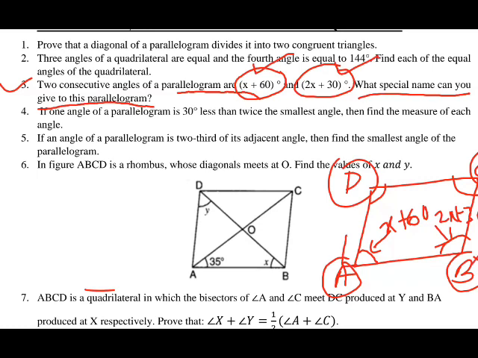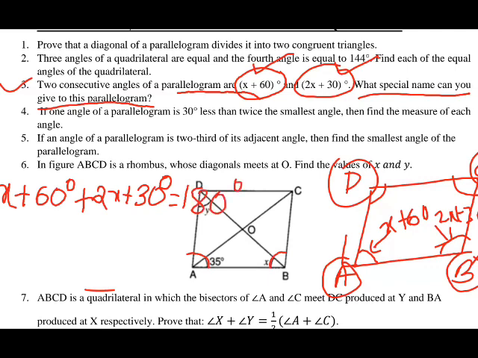So x plus 60. What can we infer from a parallelogram, Laiba? The sum of two consecutive angles, interior angles, in any quadrilateral is equal to how much? If you add this and this, how much will you get? It is always 180 degrees.